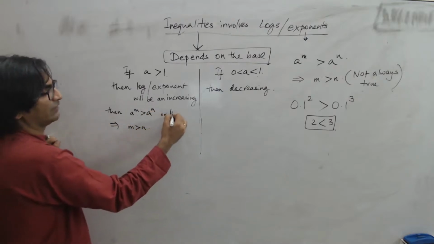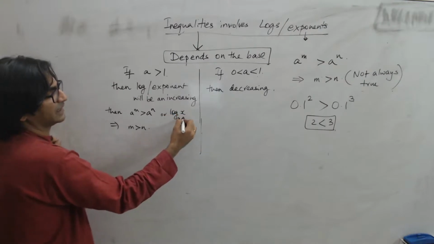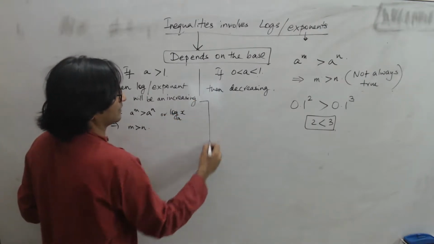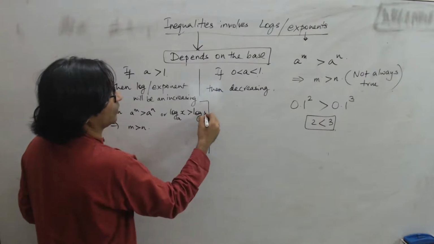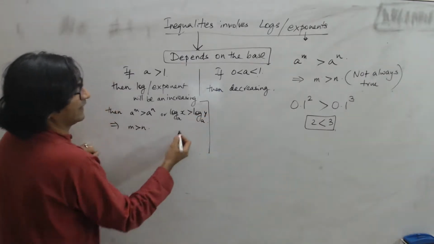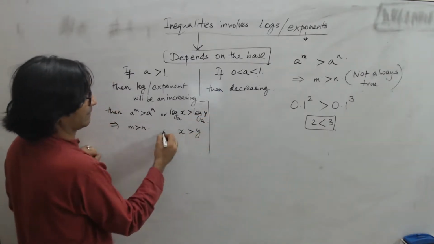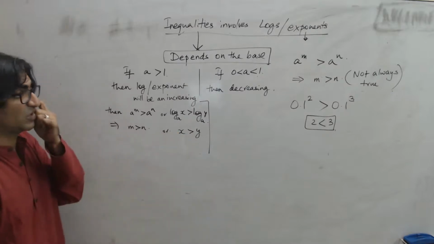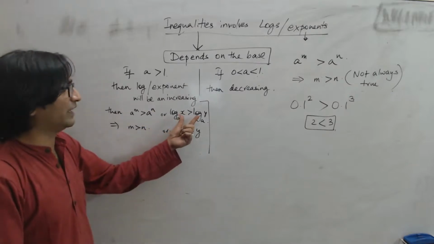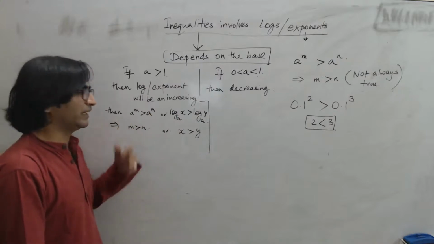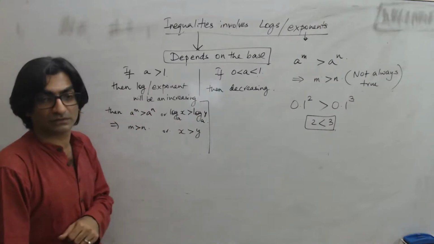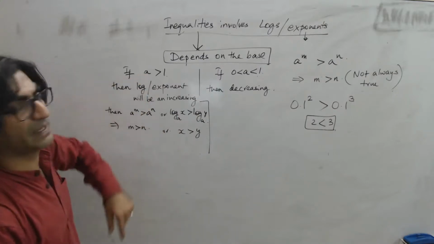Or if I have log of x in the base a greater than log of y in the base a, then x will be greater than y. So the greater logarithm will have the greater radicand. The greater exponent will have the greater power. That's what happens when the base is greater than 1.